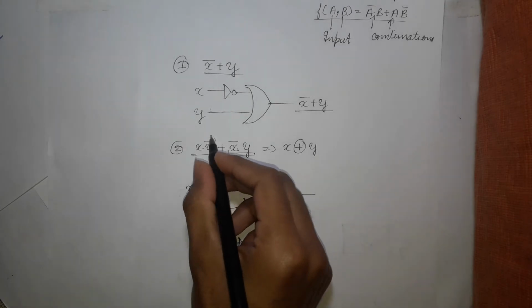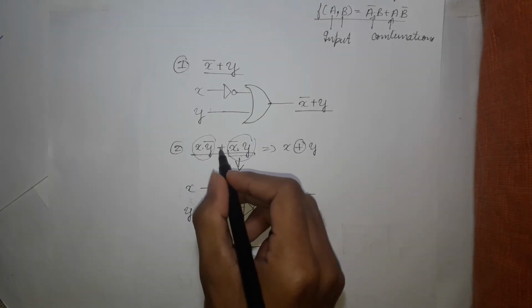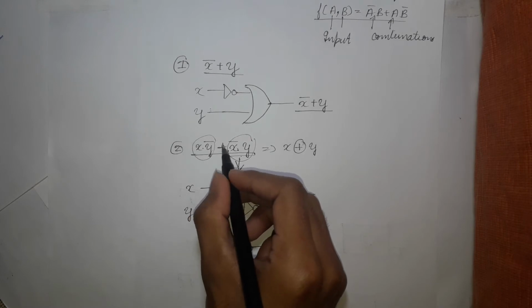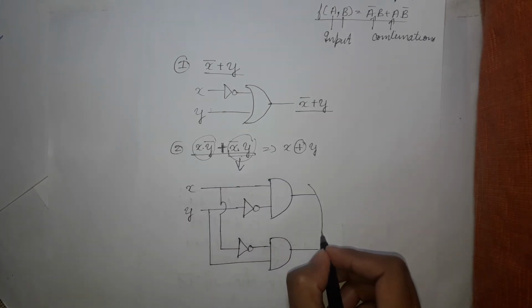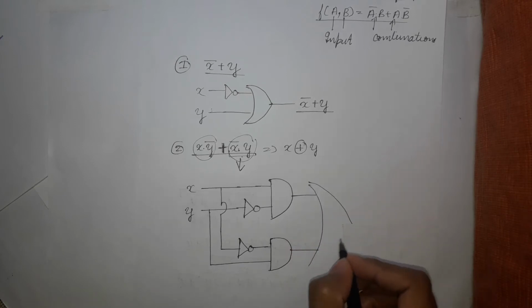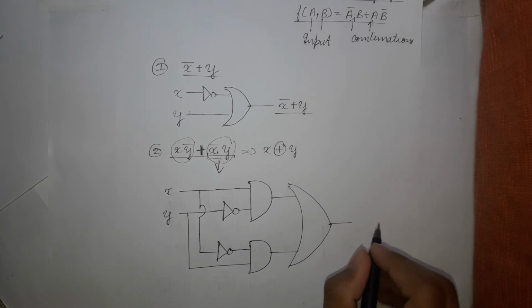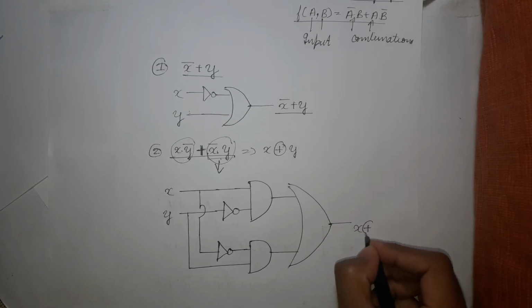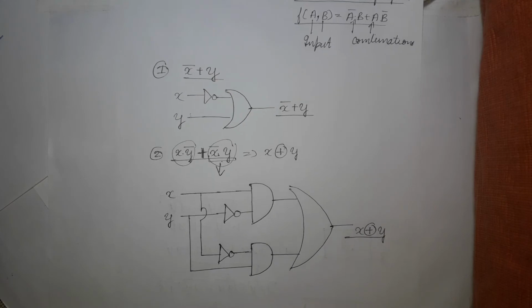Now both the functions are further ORed with an OR gate, so here we have our OR gate to produce the final output, that is nothing but x XOR y. Okay, now next question.